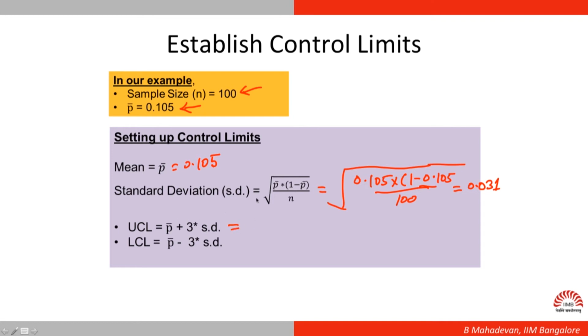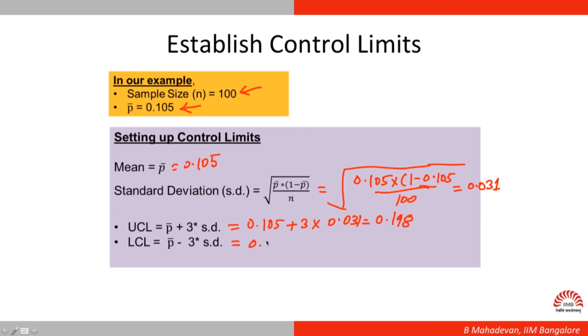And now that we have the standard deviation, we can set up the control limits. So, let us operate this formula. p bar is 0.105 plus 3 times the standard deviation, 0.031. That leaves us a value of 0.198, which happens to be the upper control limit.